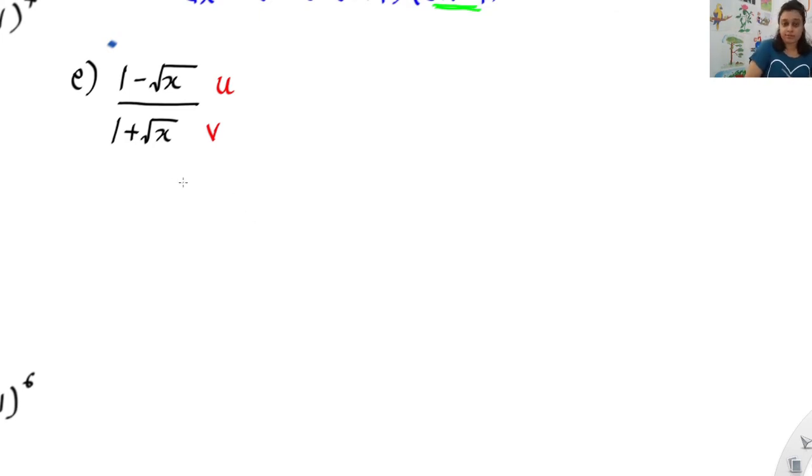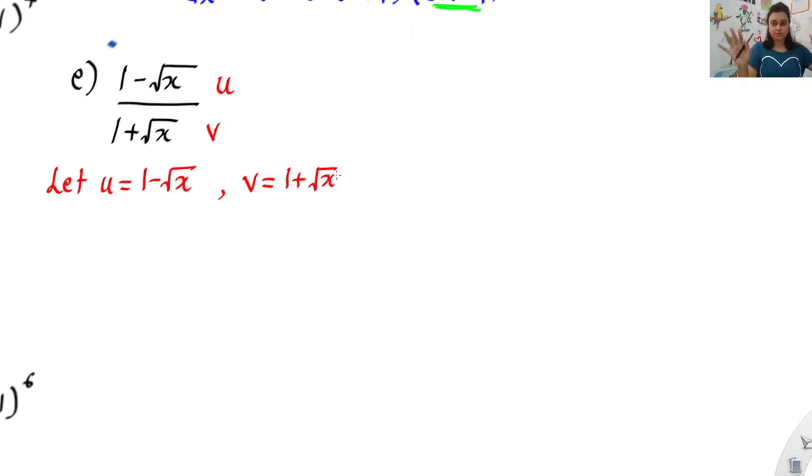You can refer to page 45 while you're doing this. Now let's do the u first. Let u equal to the up, 1 minus square root x. Then you let v equal to the below, 1 plus square root x. Make sure you do that first, then we differentiate.